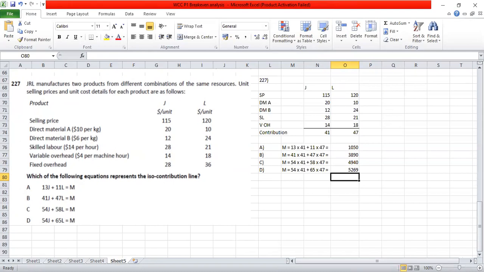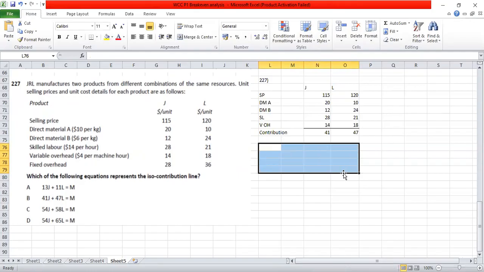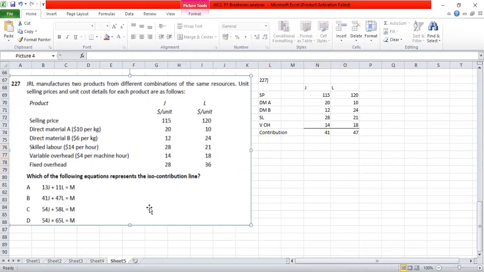I think I made a mistake. Which of the following equations represents the ISO contribution line? Not about maximization. It is about ISO contribution. I'm sorry. Sorry about that calculation. That calculation, if we calculate that, we are just verifying what is the objective function.